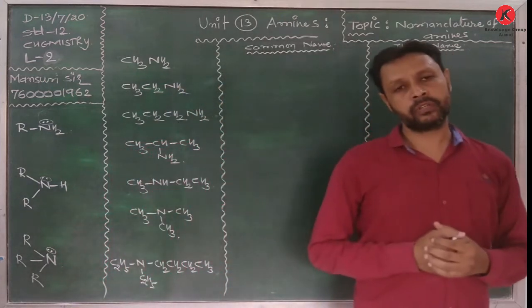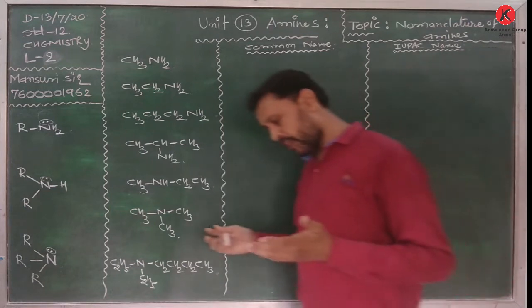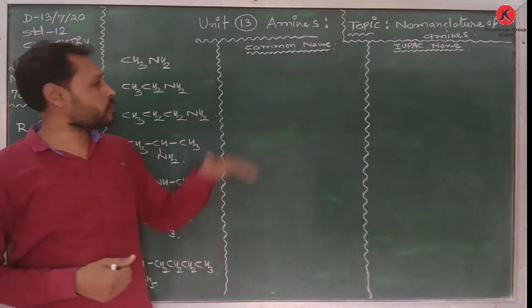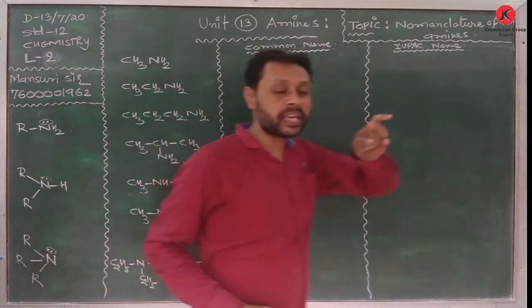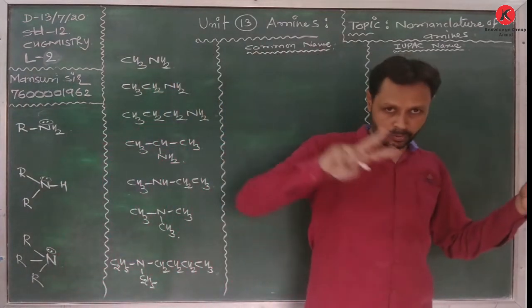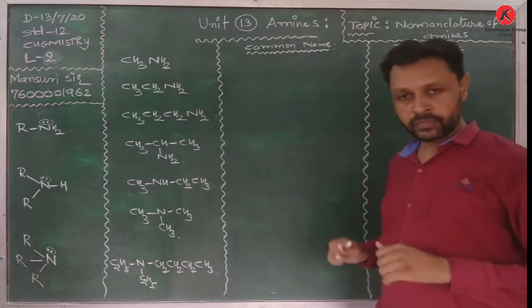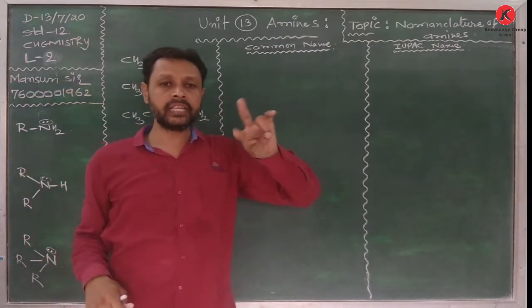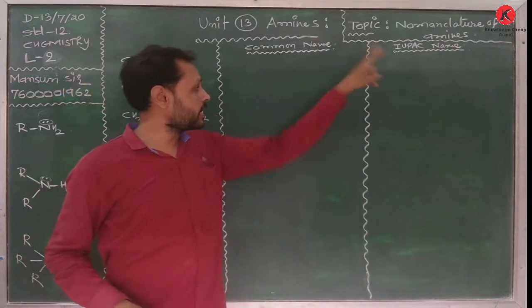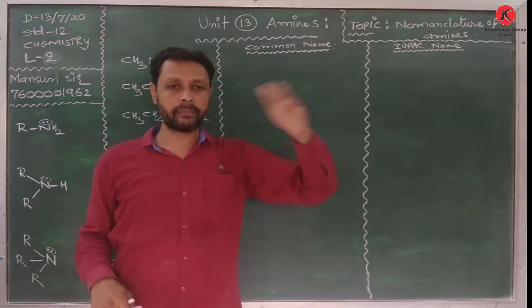And in the IUPAC name, we have to use the word "anamine", like methanamine, ethanamine, propanamine, butanamine. In the common name we use methyl, ethyl, propyl, and in the IUPAC name, methanamine, propanamine, pentanamine, heptanamine.